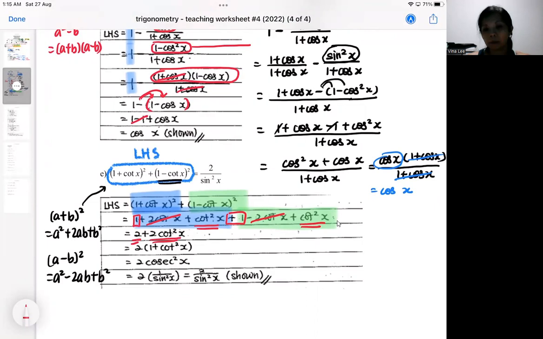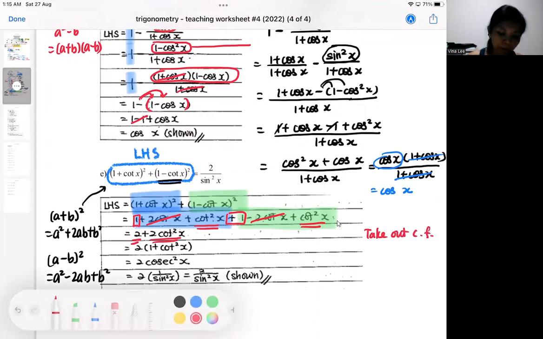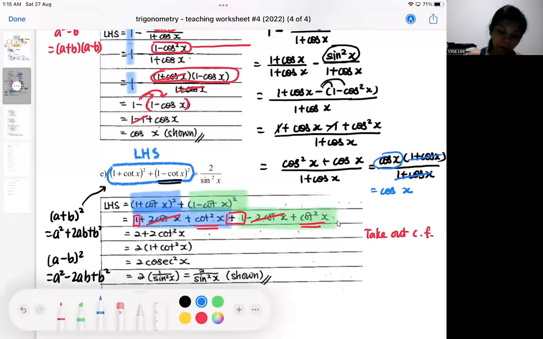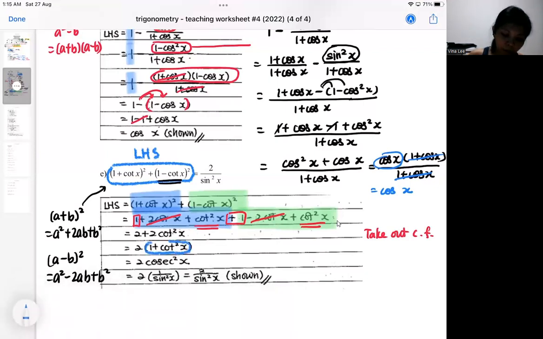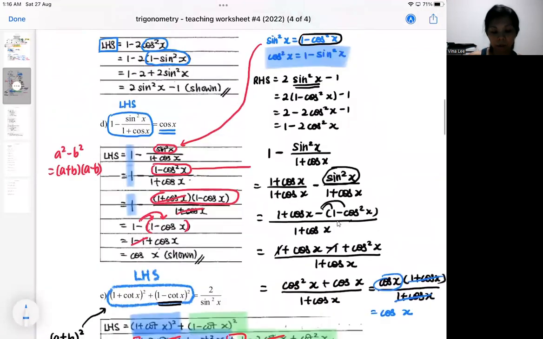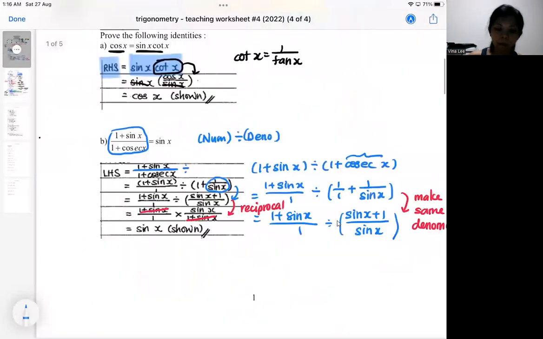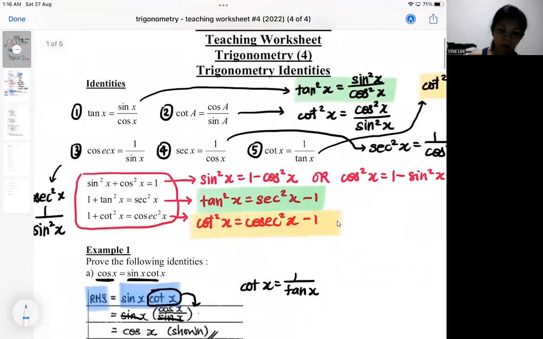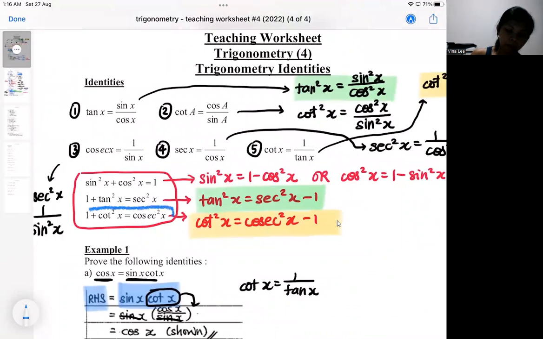And it's quite obvious from here there's a common factor. 2 is a common factor. And after you manage to take out the common factor, if you are not so familiar with the formula, you will not realize that this is a cosecant square. So if you recall back your formula, that will be this set of formulas.